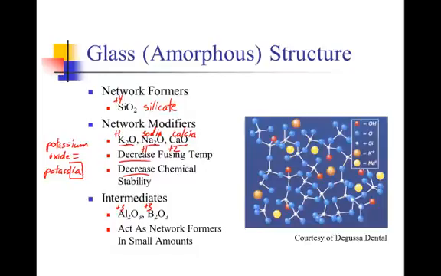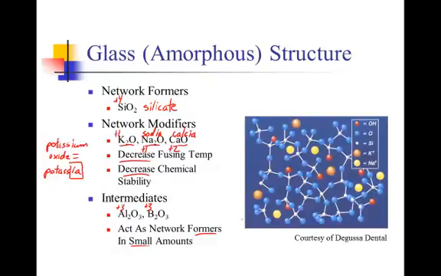And intermediates, as the name implies, can act sometimes like a network former and sometimes like a network modifier. It depends on how much of them are added and how many network modifiers are already in the composition. If a small amount of an intermediate is added, then it will act as a network former. Then beyond a certain point, it begins to break up the network.